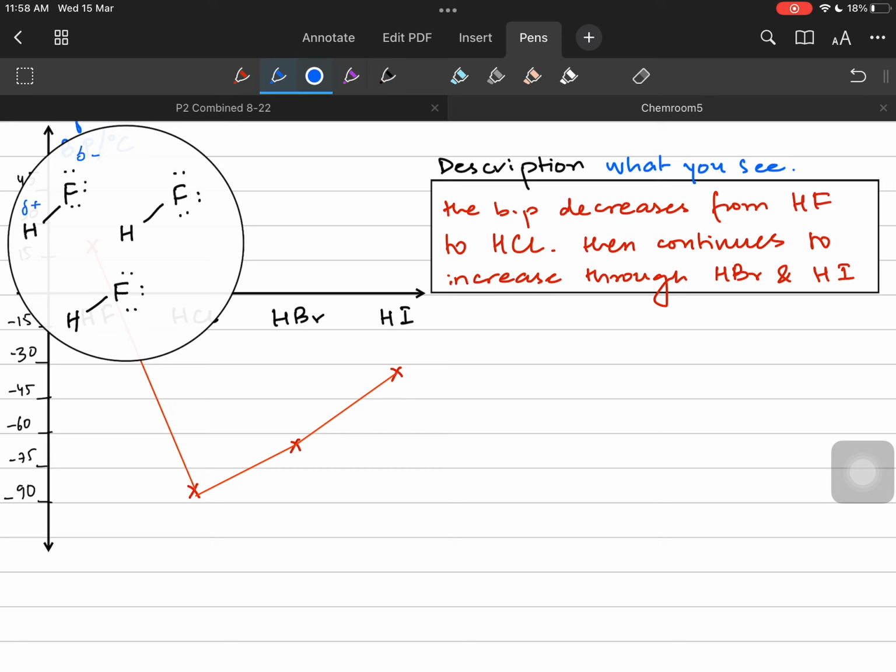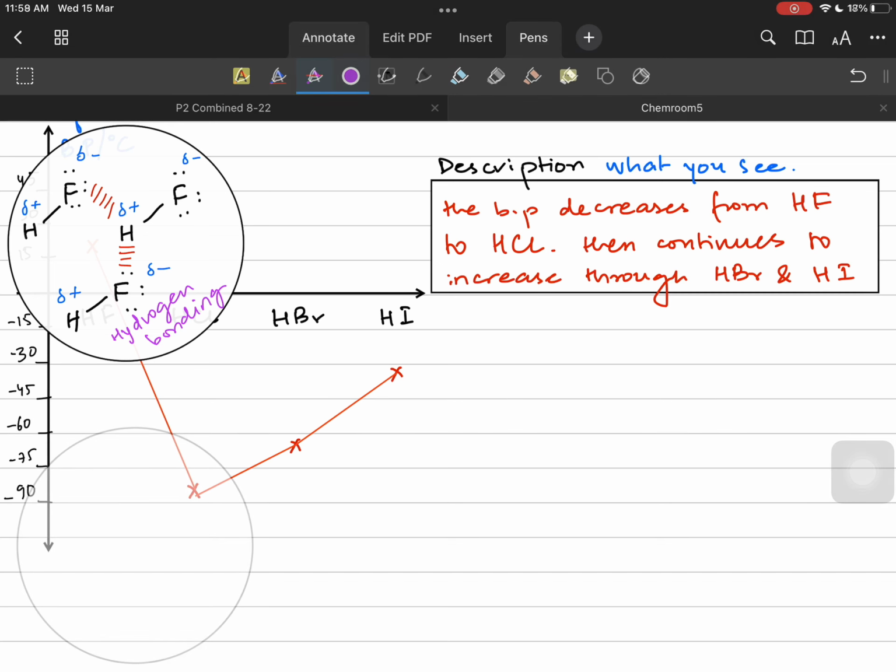So you will mention the dipole on the hydrogen fluoride molecule, which means fluorine is partially negative and hydrogen is partially positive, and you will draw hydrogen bonds from the lone pair of the fluorine atom to the partial positive hydrogen atom. These are very strong hydrogen bonds. That is why HF has a higher boiling point.